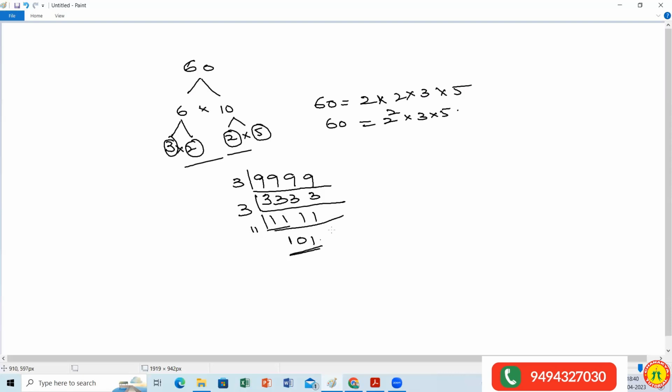You can stop. 101 is a prime number. You can express it as 3 into 3 into 11 into 101. The same thing you can write as 3 square into 11 into 101. 99 into 101.